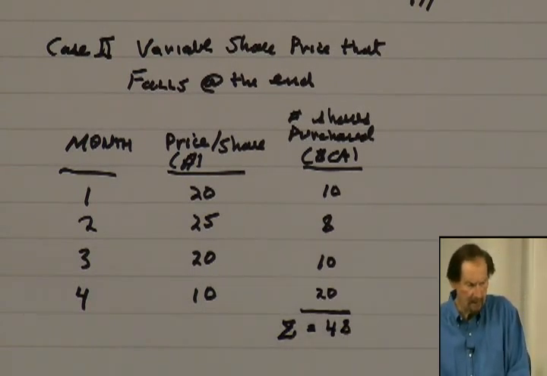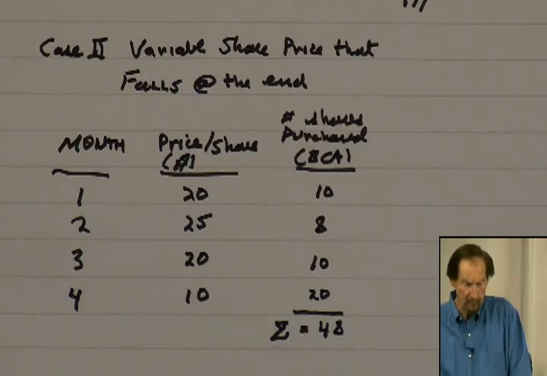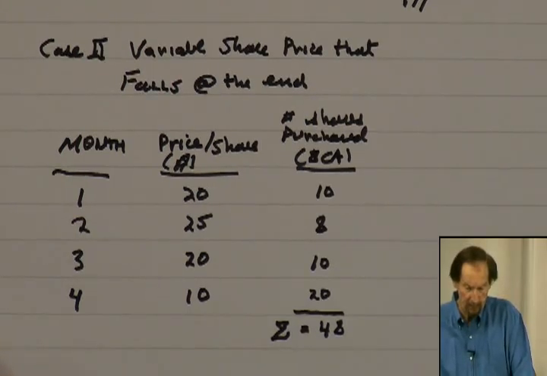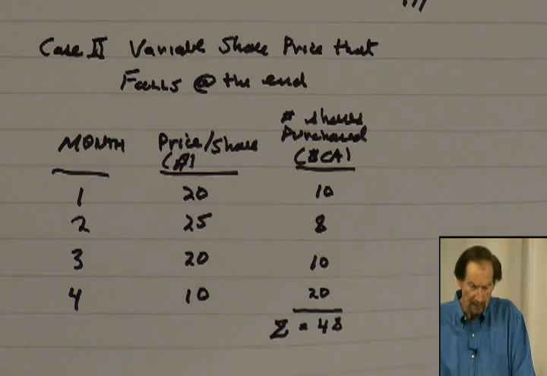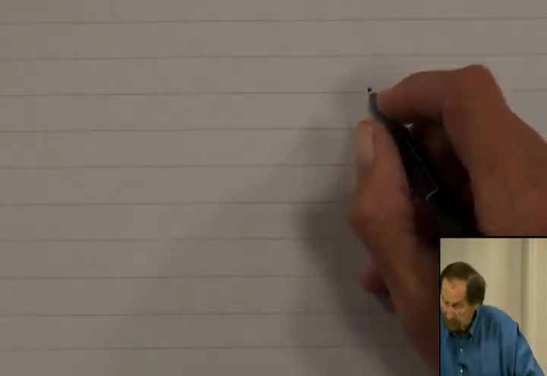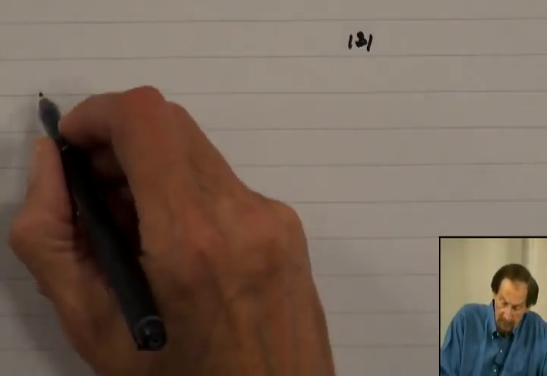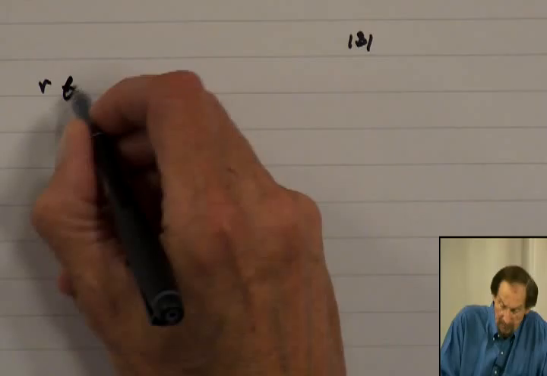So this is the same as case 1, the number of shares that we bought. But the difference is, of course, the way the price varies per month. Obviously, if the price didn't vary per month, there would be no difference between dollar cost averaging and purchasing the same number of shares.